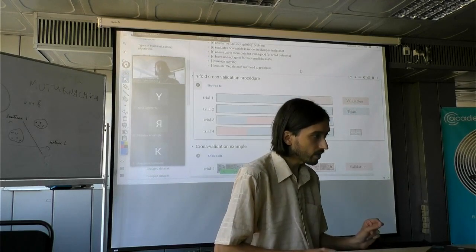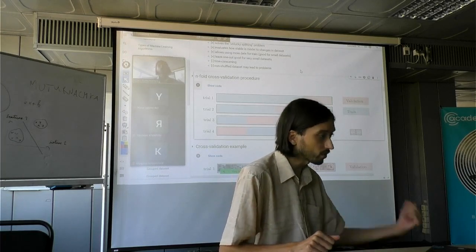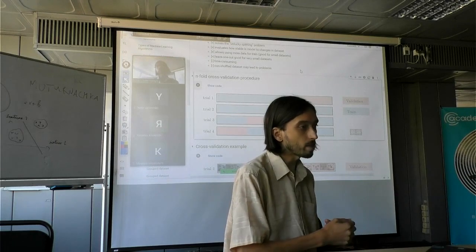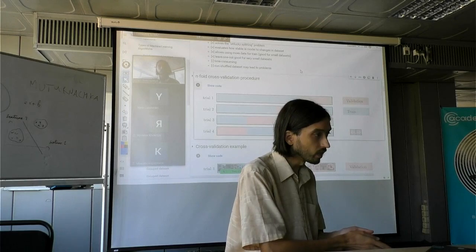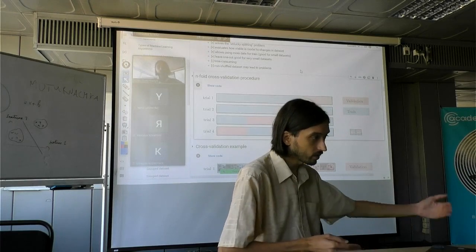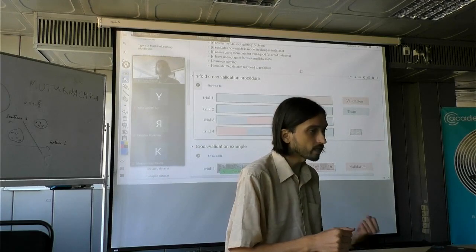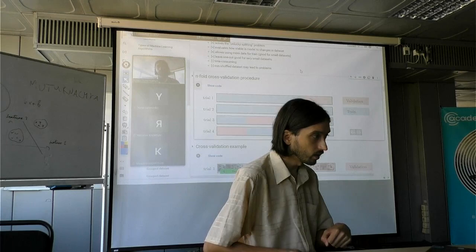But it may happen that you have in your model some sort of hyperparameters. And you don't want to take just one set of hyperparameters, but you want to try different sets of hyperparameters. And in this case, for example, you might want to use splitting into 3 parts.